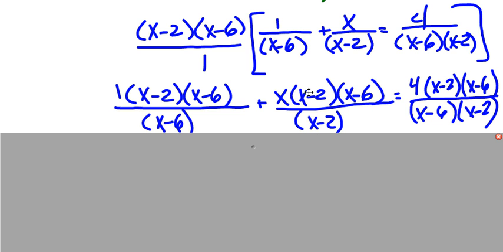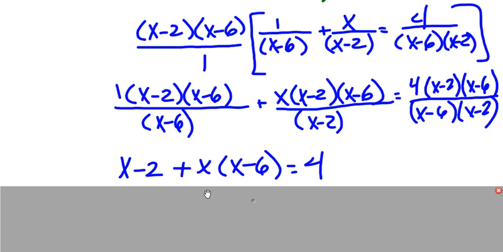Our second term, we could divide out an x minus 2. And our last term here, we could divide out an x minus 6 as well as an x minus 2. So that would leave us with x minus 2 plus x times x minus 6 equaling 4. So at this point, we're going to just perform the operations like we normally do to solve for x.